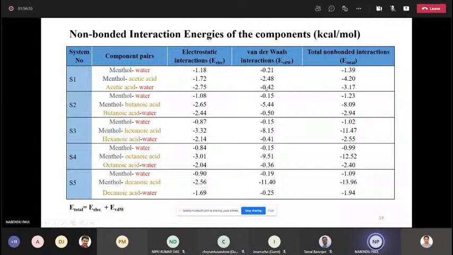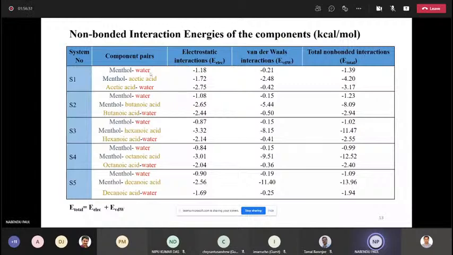That means that the acetic acid is interacting with water more electrostatically than through van der Waals, because the size of acetic acid is very small, so the water molecule can easily get to the acetic acid and create some electrostatic interaction.